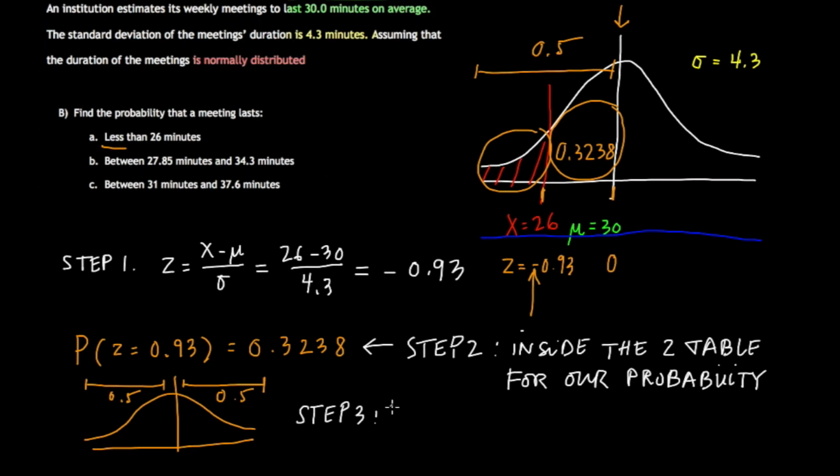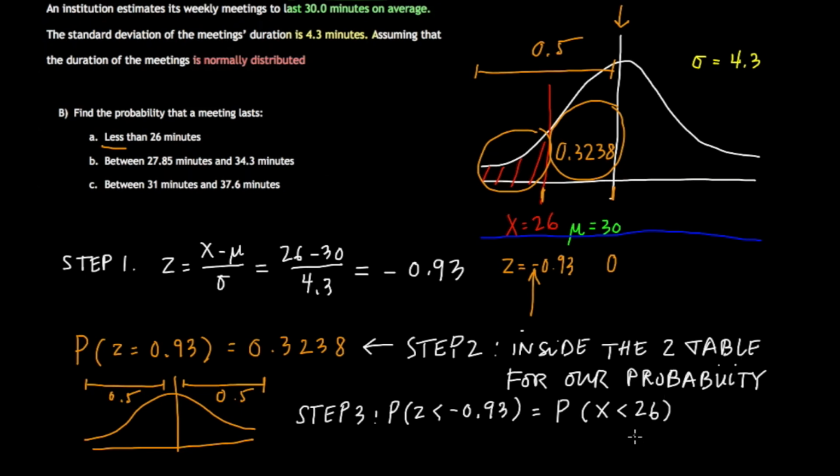So we want the probability that our Z-score be less than negative 0.93, which is the same thing as what the question is asking us for, which is the probability that my x be less than 26 minutes.